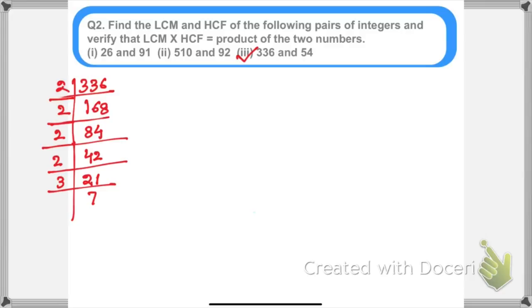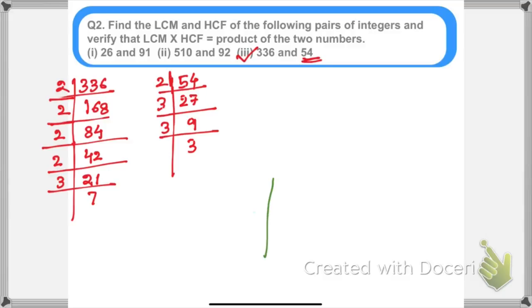Okay, now the next number is 54. So the prime factorization of 54 also we will have to perform. This is also an even number, so dividing it by 2, 2 2s are 4, 2 7s are 14, this won't be divisible by 2 anymore, so dividing it by 3, 3 9s are 27, 3 3s are 9.